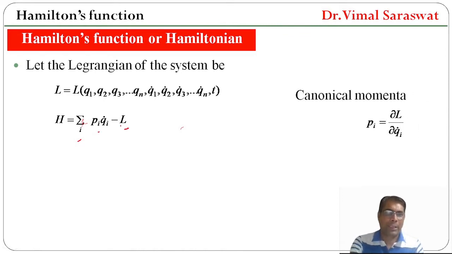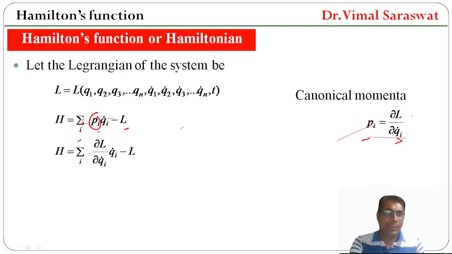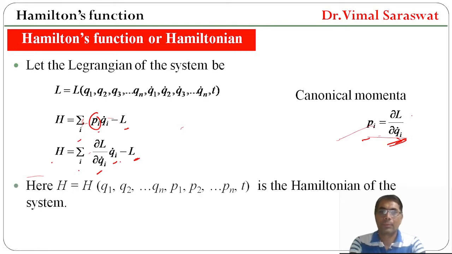Since canonical momenta pi is equal to del L upon del qi dot, if we replace this pi with del L upon del qi dot, then Hamiltonian H is equal to sigma i del L upon del qi dot into qi dot minus L. Here H is a function of q, p and t.